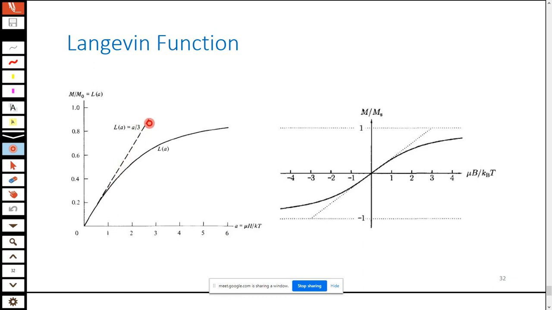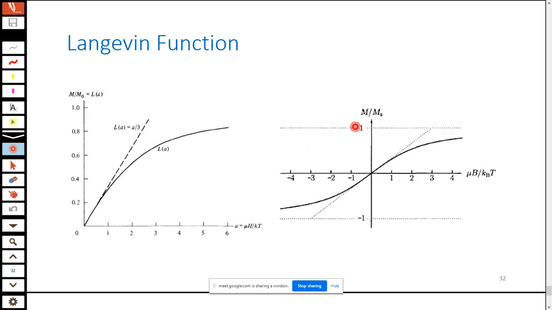But if you go to larger a, it gets into a saturation kind of form. It starts from zero, of course, and then gets saturated.